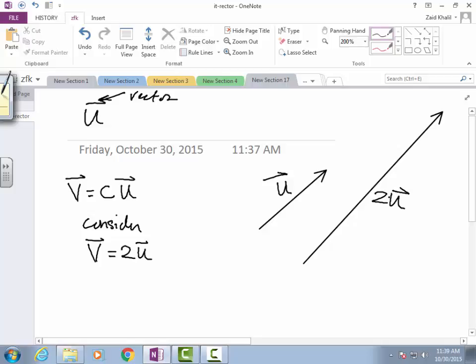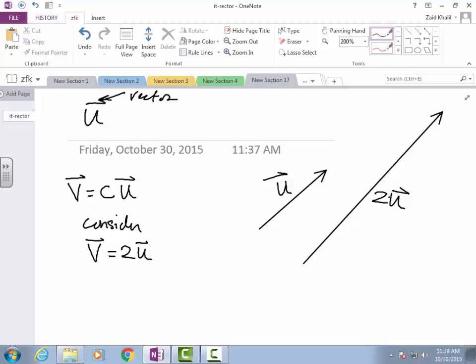And of course, what happens as c gets smaller and smaller? What's going to happen to that vector? It's going to shrink and shrink down until c equals 0, in which case the length of the vector is 0, and there is no vector. It's called the 0 vector.